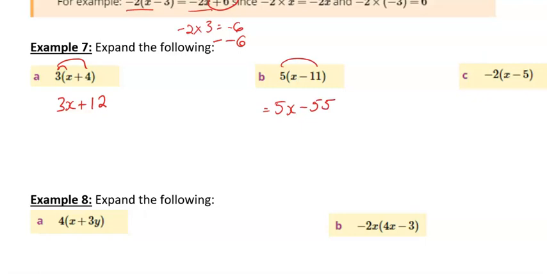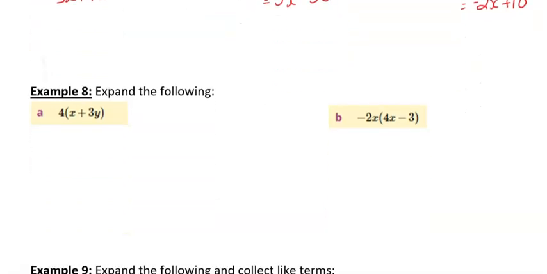I can go no further than that because I can't combine those like terms anymore. Now I've got negative 2, so this is going to be 2 times x, but negative. I'm not going to write the minus right away because I know that I'm going to take away negative 2 times 5, which will be negative 10. So that means I'm going to add that 10 back on.